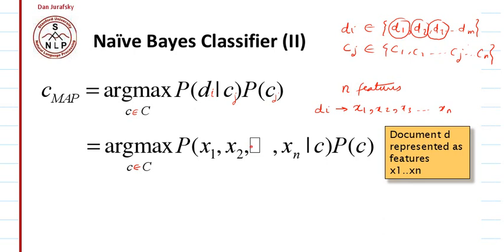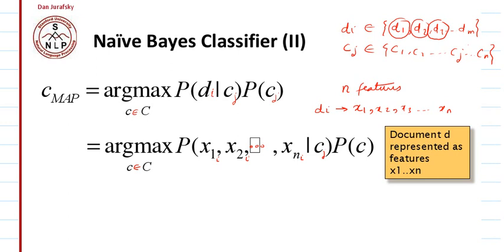So this formula P of di given Cj can be now written as P of x1 dot P of x2 dot P of x3 dot dot dot xn of i. So we can write this again subscripting this i, as x1 belongs to the document i, and we are doing this for a particular class Cj.